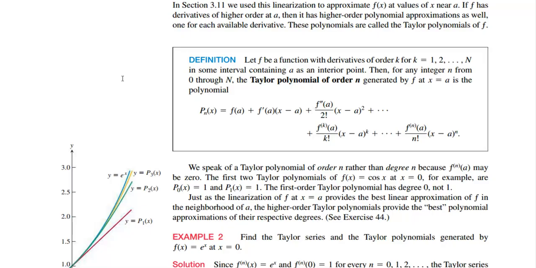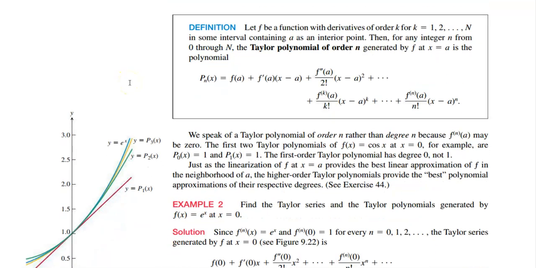Then for any integer n from 0 to capital N, the Taylor polynomial of order n generated by f at x equals a is this polynomial: P sub n of x is f of a plus f prime of a times x minus a plus f double prime of a over 2 factorial times x minus a squared, plus, up to the kth derivative of f at a over k factorial times x minus a to the k power, and plus the nth derivative of f at a over n factorial times x minus a to the nth power.